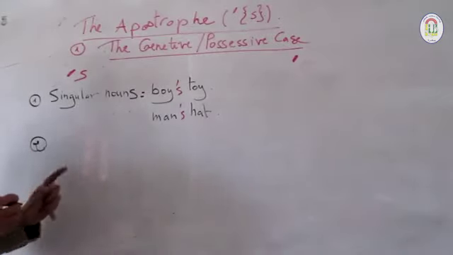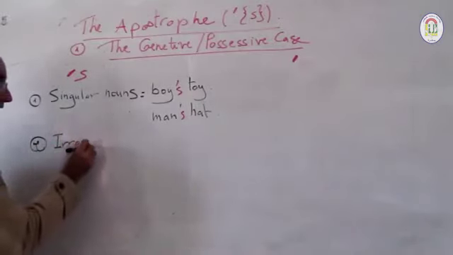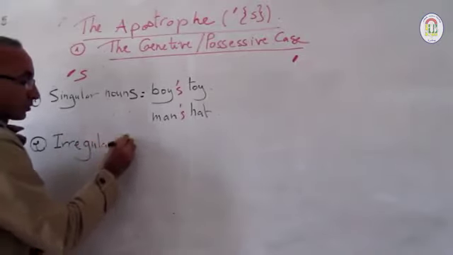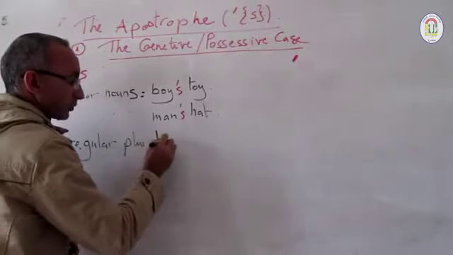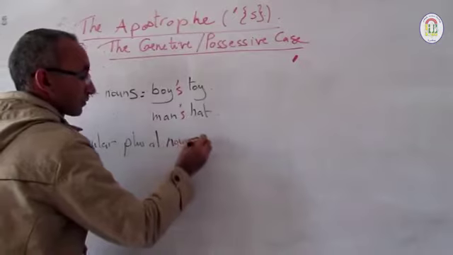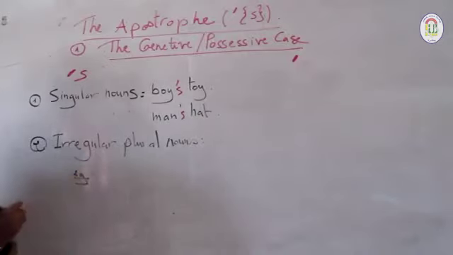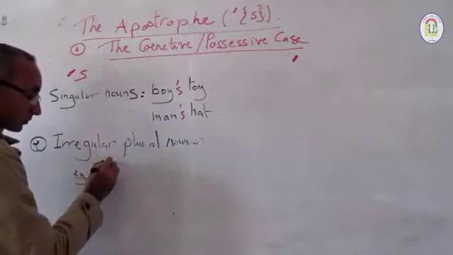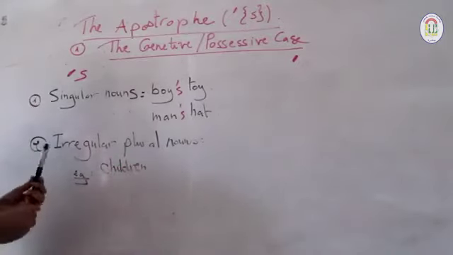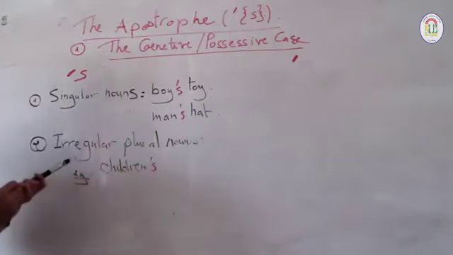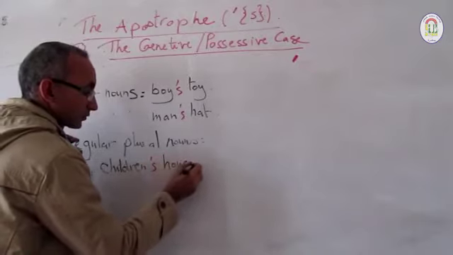Also, for the same possessive case, we can use it with irregular plural nouns. For example, we have children's house or toys.